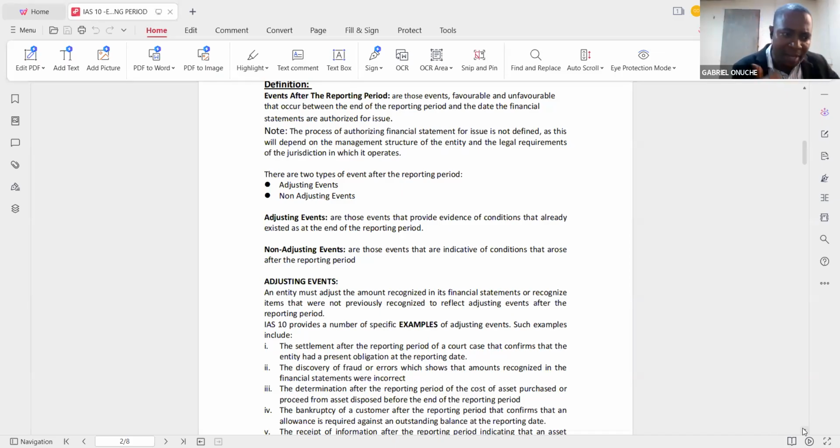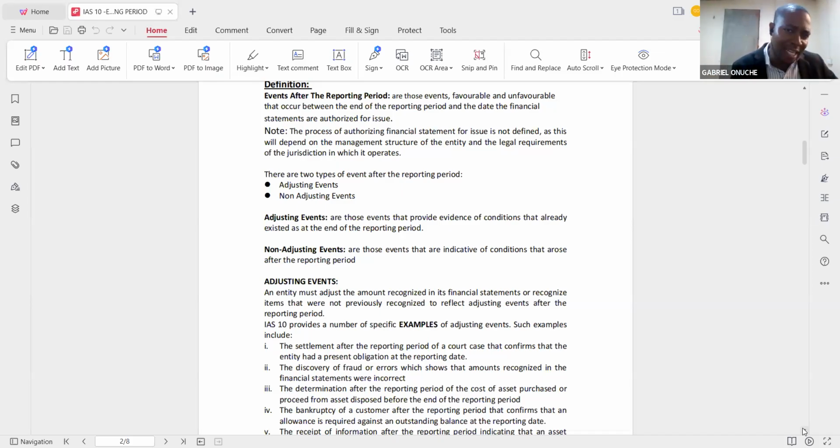When the financial statement is presented to the board, and the board, after sitting, approves or authorizes the financial statement for issue, now the question is: between 31st December to 15th of March, that is the period covered by IAS 10.